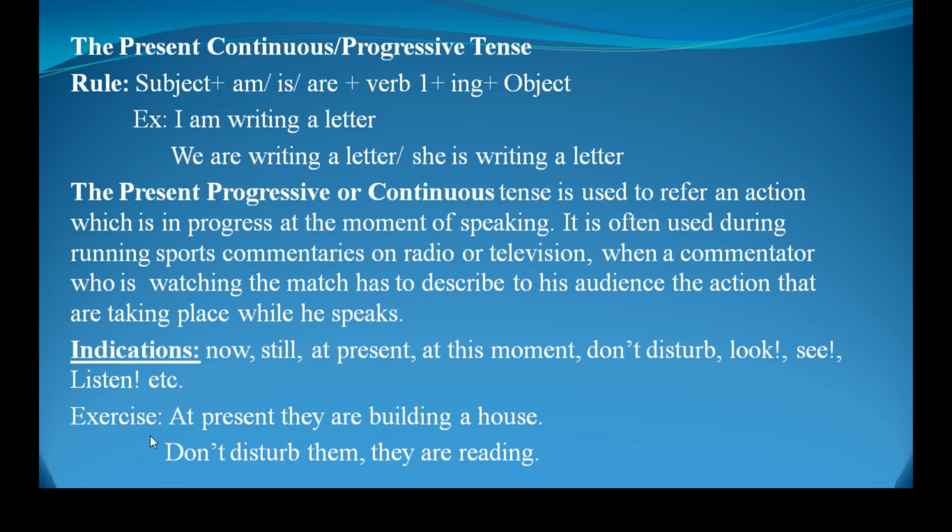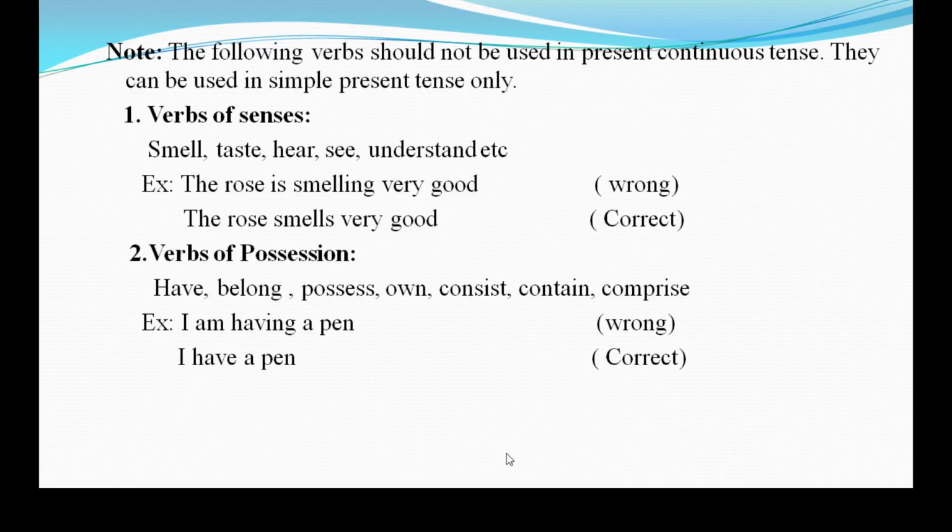Here I have given you a few small examples. At present, they are building a house. Don't disturb them. They are reading. So both sentences are in the present continuous or progressive tense.